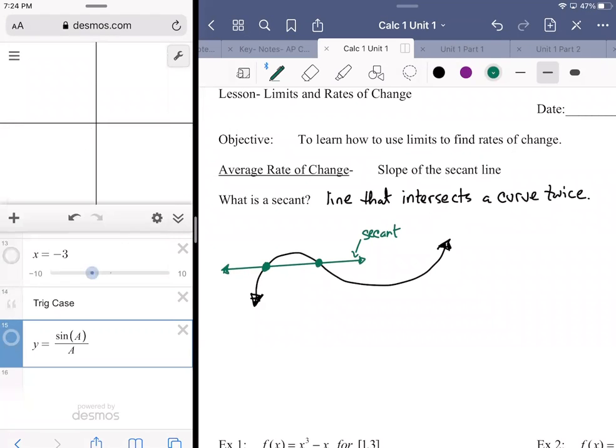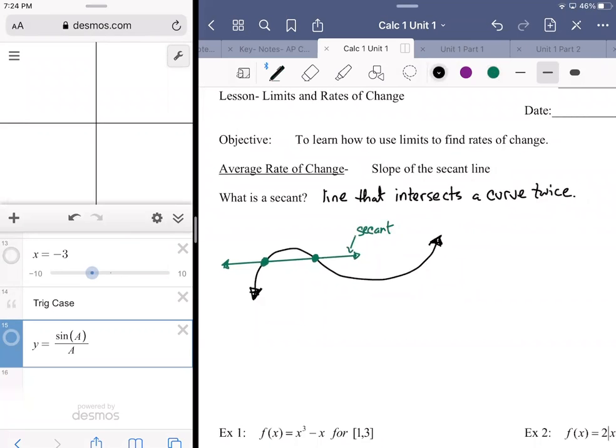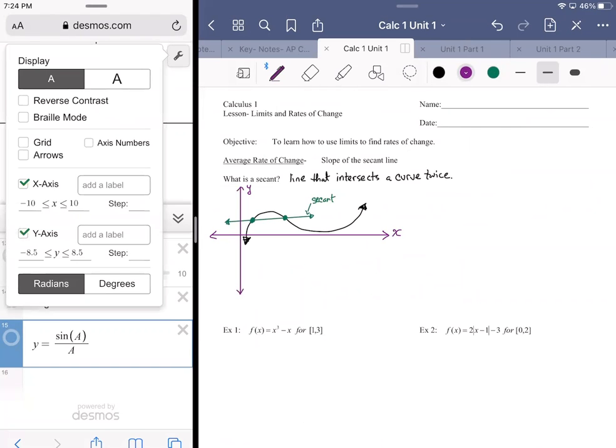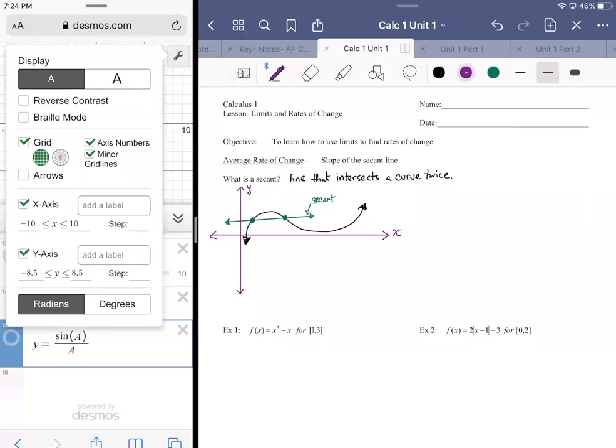I'm just drawing two lines, so I don't even need the calculator for that. So I'm going to pop in a y-axis and an x-axis. Put this stuff back on for later.